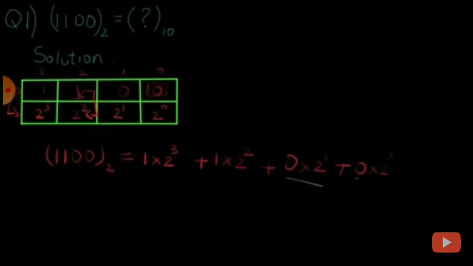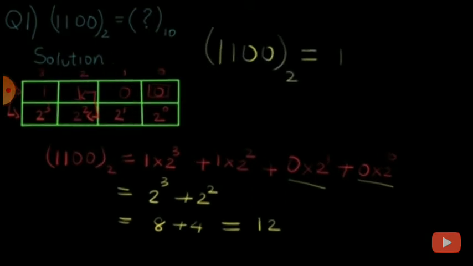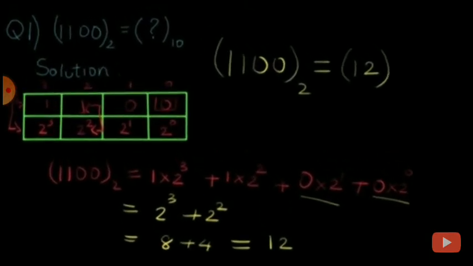Now these two are going to be equal to 0, so we neglect them. So the answer is 2 raised to 3 plus 2 raised to 2, which is equal to 8 plus 4, which gives us the value of 12. So 1100 in binary is equal to 12 in decimal.